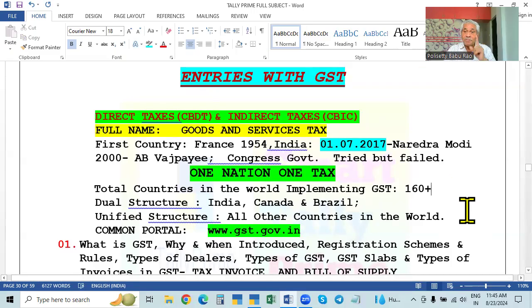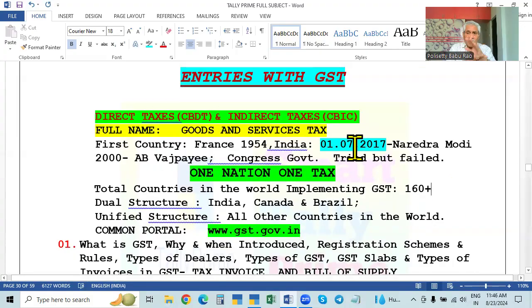Actually, they wanted to implement it earlier. But in India, the accounting year is called the financial year, 1st April to 31st March of the next year. So they wanted to implement it from 1st April 2017, but due to some problems, because in the previous regime, VAT, all the registered persons had to migrate to GST.